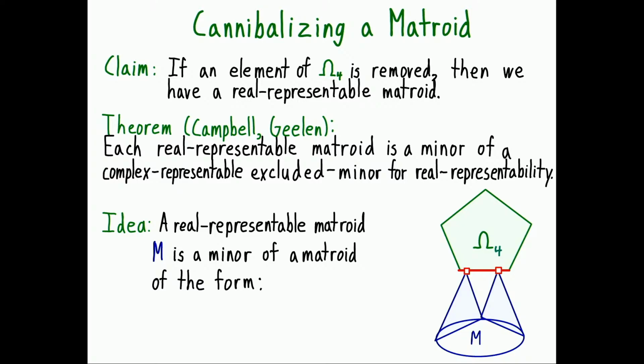And you can show that one can make this a minimal obstruction, so this would be an extreme minor. So this is how you can show that the minimal obstructions are at least as bad as the matroids themselves.